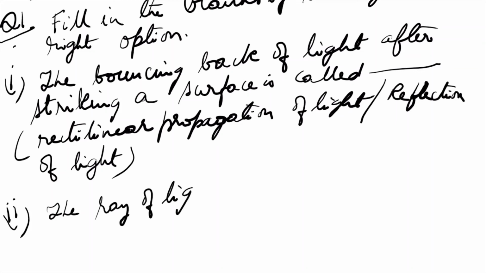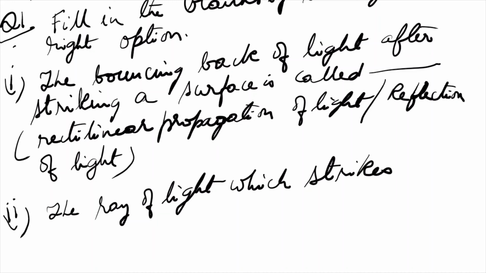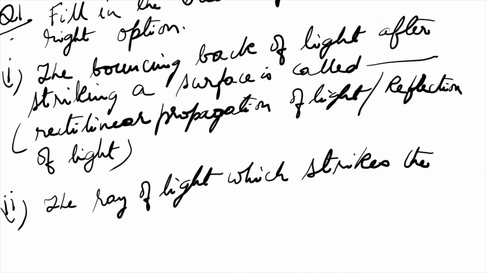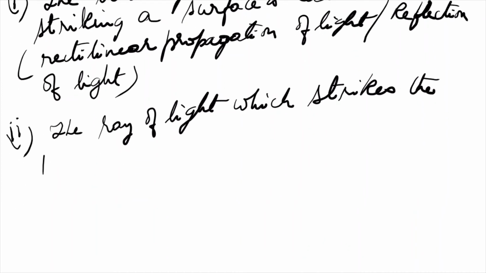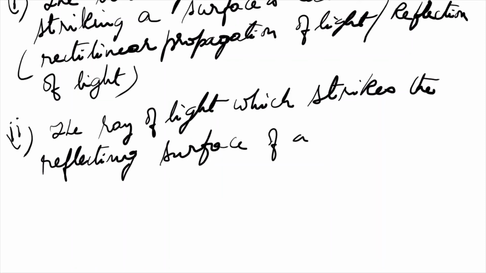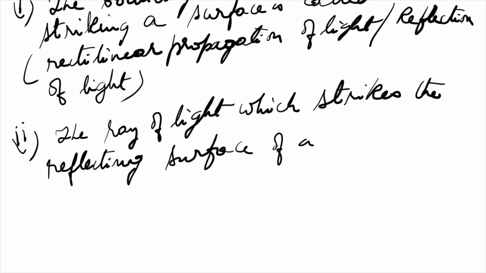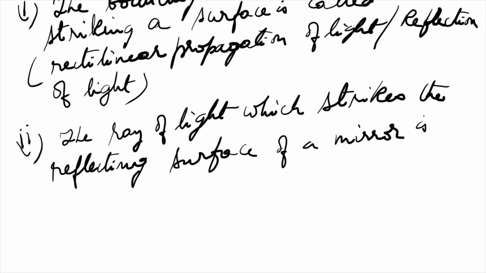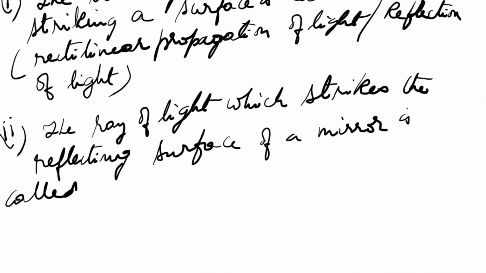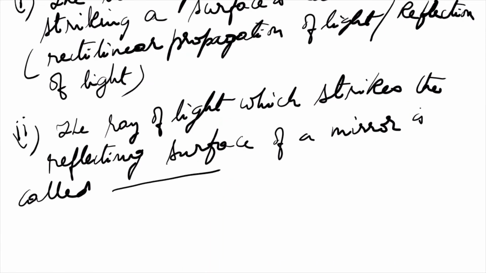The ray of light which strikes the reflecting surface of a mirror is called dash.